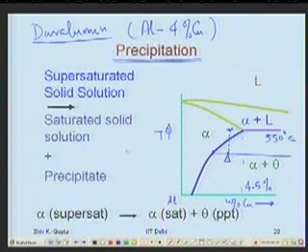Now at room temperature, as the time progresses, the theta phase shall begin to precipitate out, and it forms in the form of small particles. Now mind it that the supersaturated solid solution goes to saturated solid solution and precipitate. That's the ultimate thing which will happen, and that's how the precipitation reaction can be written.